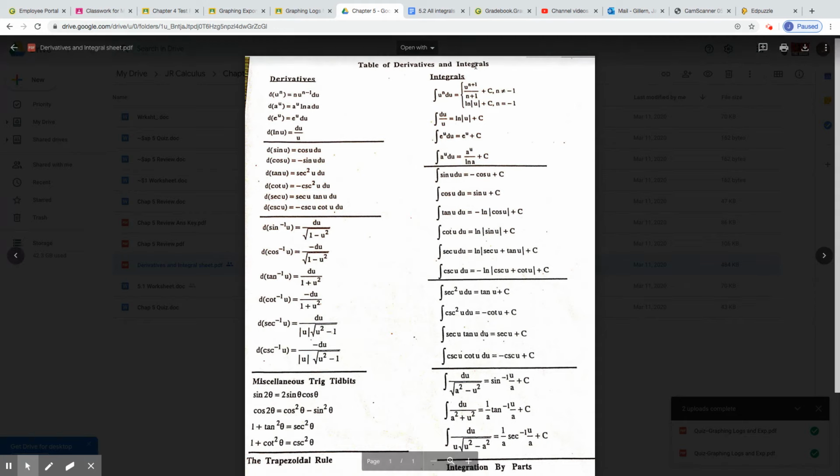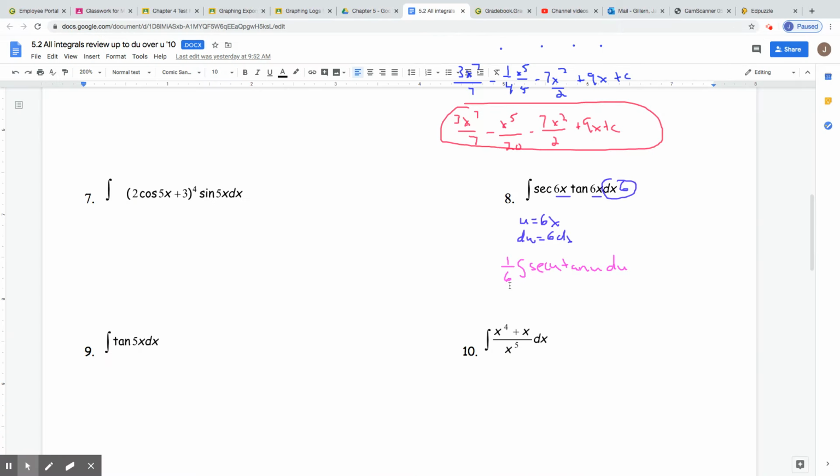Oh, that's secant u plus c. So that means what you do is you keep the 1/6 out there. It says all of this was secant u plus c, but u is just 6x. So it's secant 6x plus c. All right, use the formula sheet. It is there to help you.